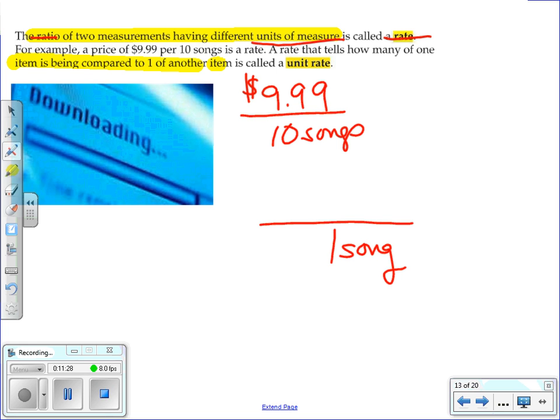Well, I divide by 10, and one song would cost $0.99, 99 hundredths to be exact. Okay? So a unit rate has a denominator of 1.